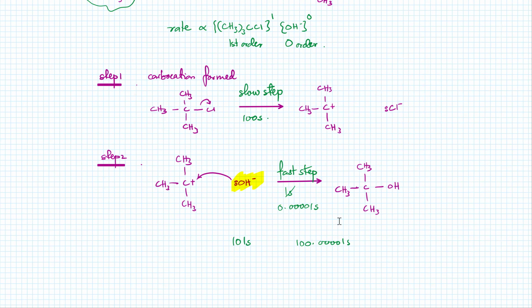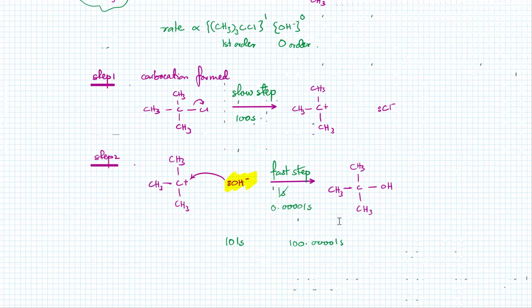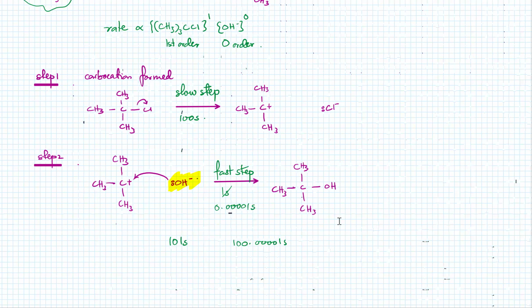Yes, sir. The Cl ion gets knocked out because of collision, right? So if there is more concentration of OH, there will be more collisions, so more carbocations will form. No, but OH is not doing anything over there. The collisions are not necessarily with OH ions. It could collide with the walls of the container as well, right?